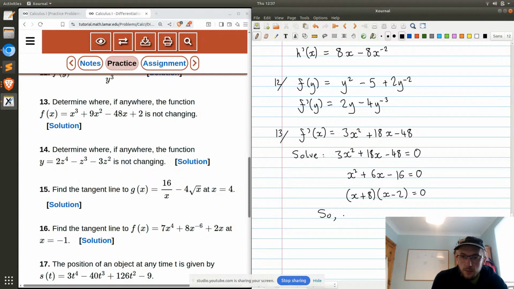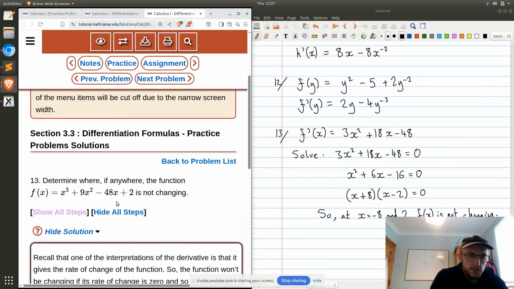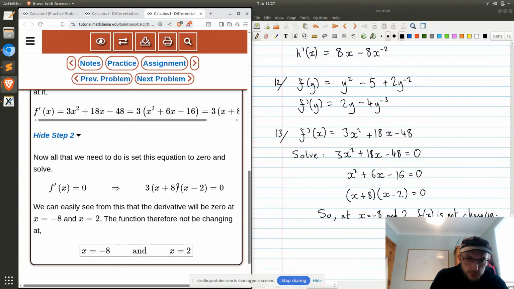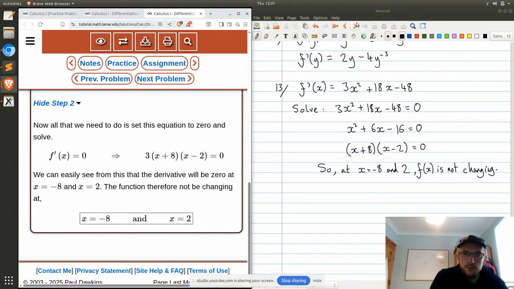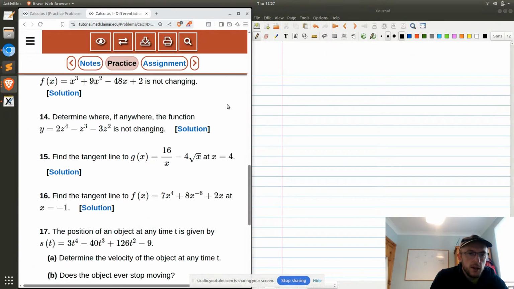So, not changing. That's where. See if that's correct. And it is. Good. 14th now.